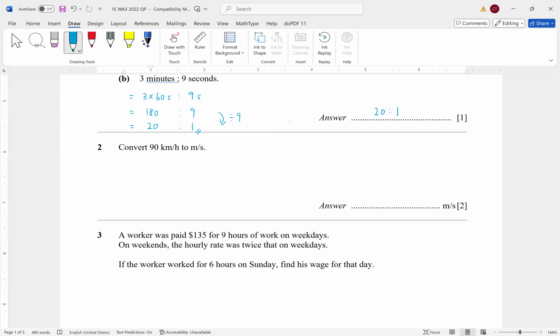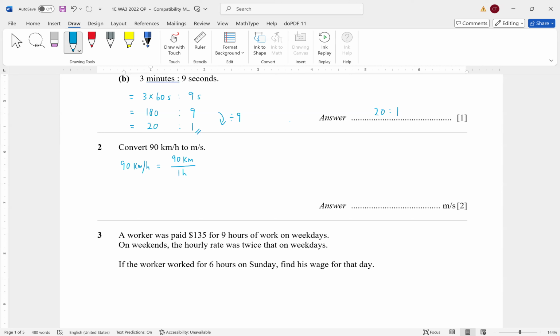In question 2, we are asked to do a conversion of units. We need to convert 90 kilometers per hour to meters per second. If you recall in class, when we discussed the conversion of units, 90 kilometers per hour actually means 90 kilometers per 1 hour, so it's 90 kilometers divided by 1 hour.